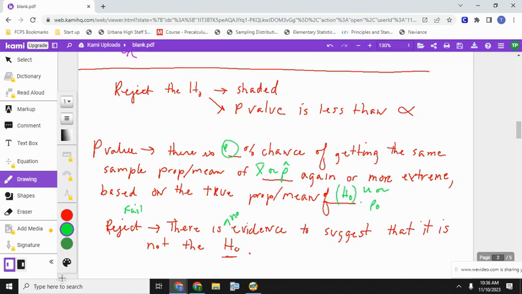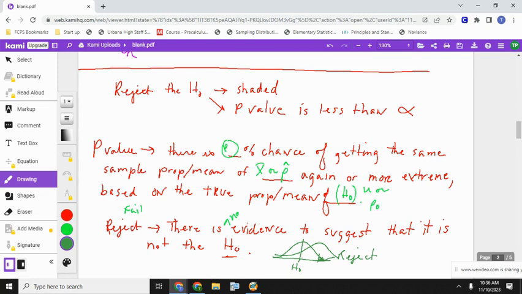And if it is reject, you say there is evidence. You are trying to take a curve, and here's your H0. If you land in the shaded area, you're going to reject, and you're going to say, okay, I have evidence to say it's not this anymore. Then I'm going to shift this whole curve up. That's what you're trying to do in any kind of hypothesis test.